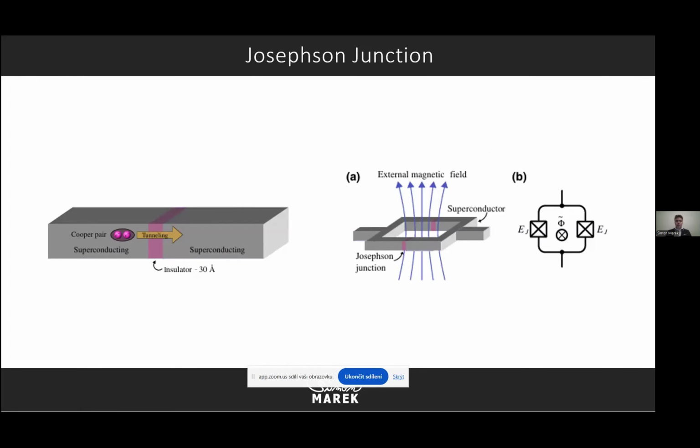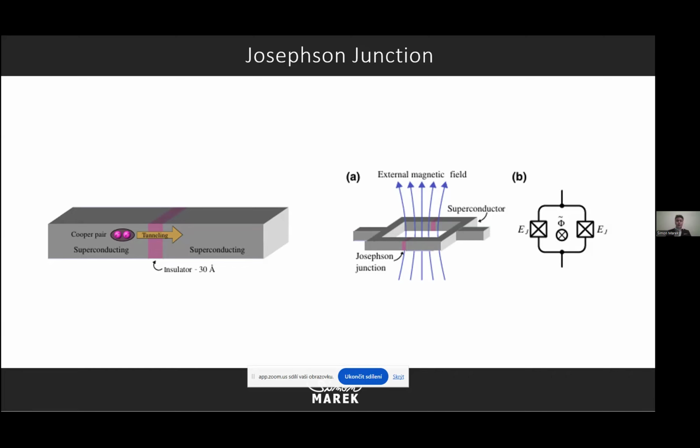So Josephson junction, it's a basic element of quantum computers. It is a small device which has two layers of metals, which is aluminum, which becomes superconducting under cryo temperatures.